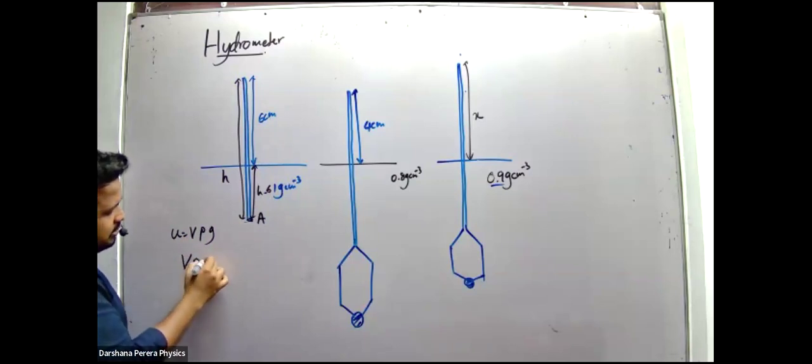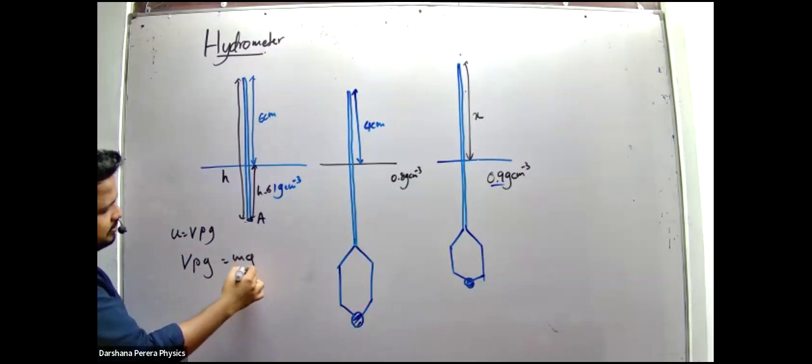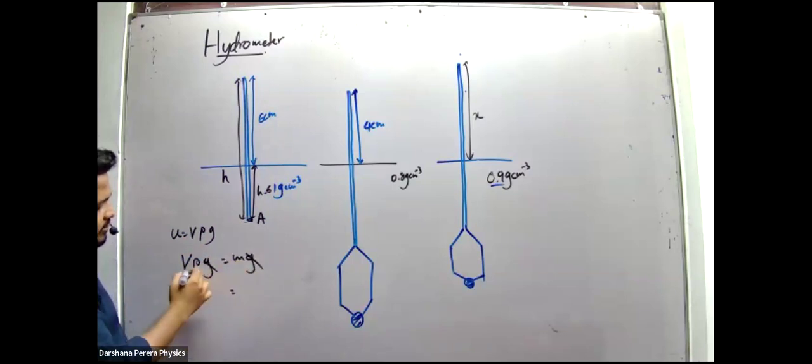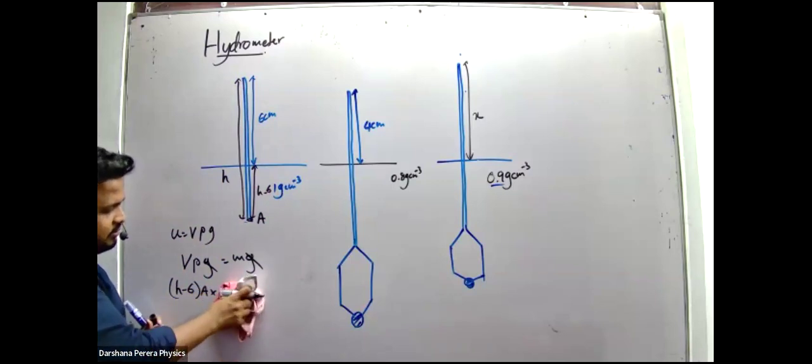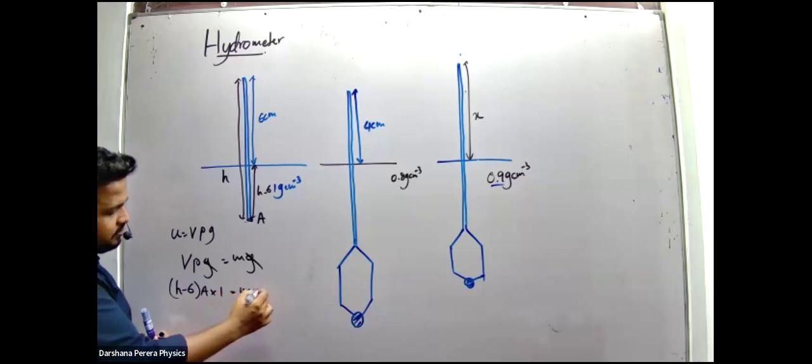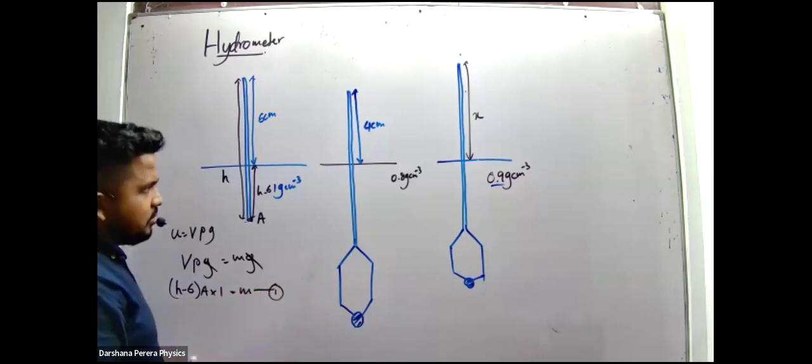So V rho g equals mg, and g cancels out. V means (h minus 6) A, rho means 1, g cancels out. So this is number 1.